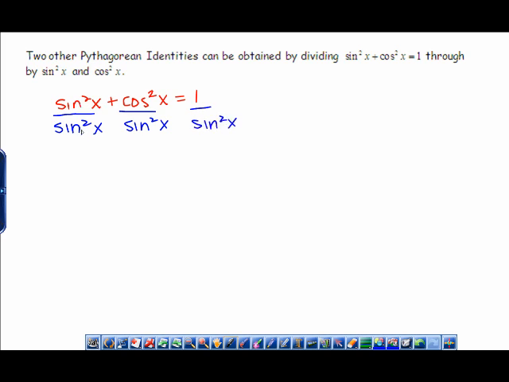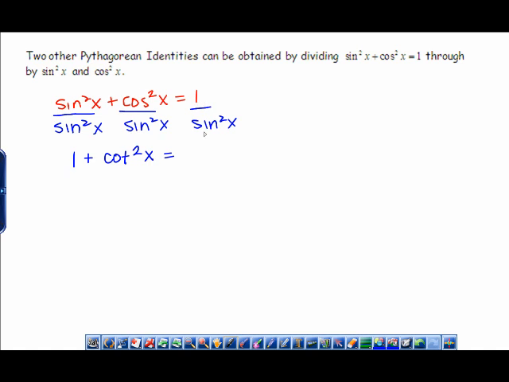Sine squared divided by sine squared is 1. This is requiring that identity from the very beginning. Cosine divided by sine is cotangent. So if they're squared, that's just going to give me cotangent squared x.